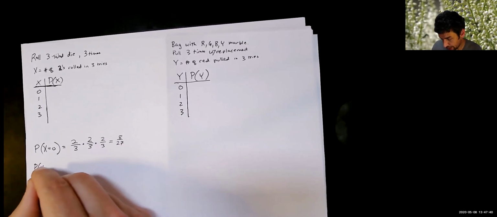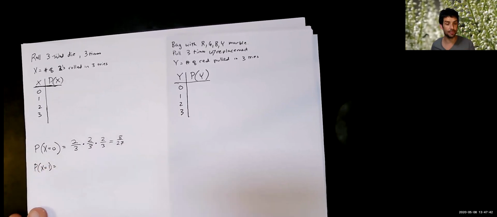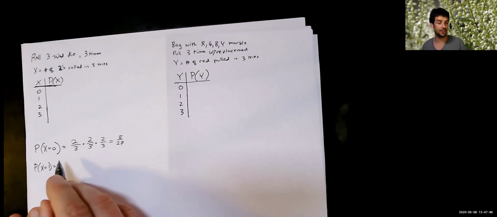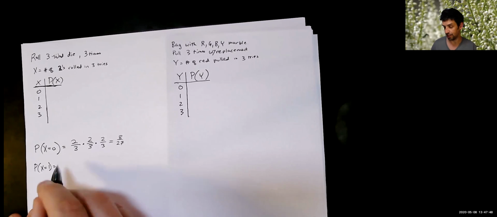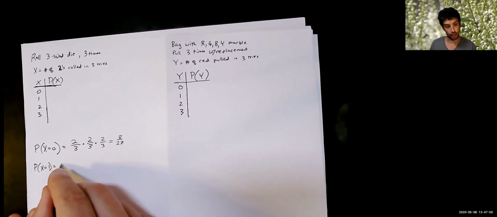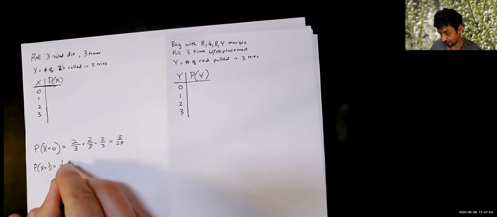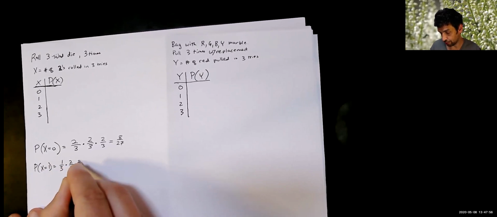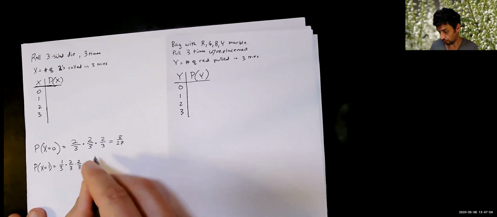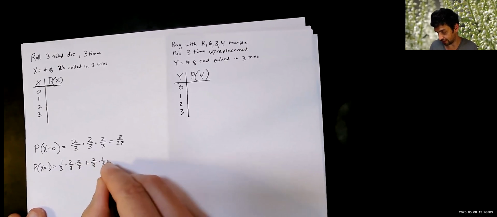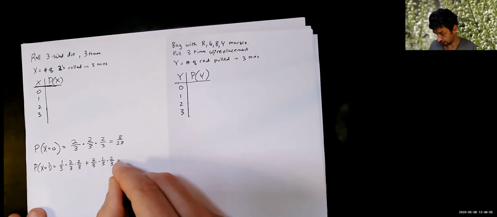The probability of x equals 1 gets a little more complicated. So I'm just going to talk through some of the details while I write down the computations here. Maybe I roll a 2 the first roll. That's a 1 out of 3 chance. And then I have to not roll a 2 again. Or I don't roll a 2 the first time, but I do roll a 2 the second time and then not the third time.